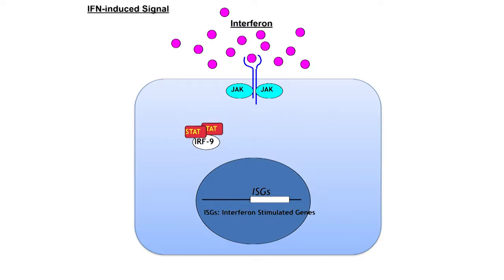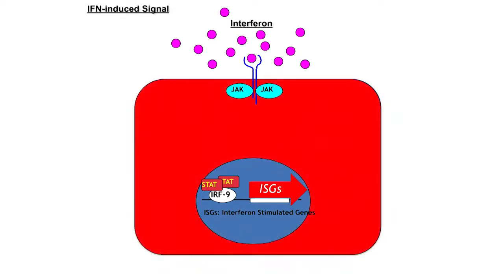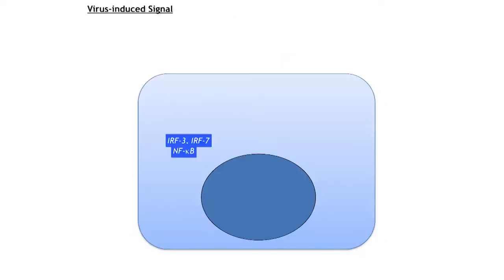Subsequently, the activated STAT forms a complex with IRF9 and translocates into the nucleus, where a group of genes termed interferon-stimulated genes, or ISGs, are activated. The ISGs encode proteins with viral replication inhibitory activities. Therefore, cells develop an antiviral state in which viral replication is restrained.